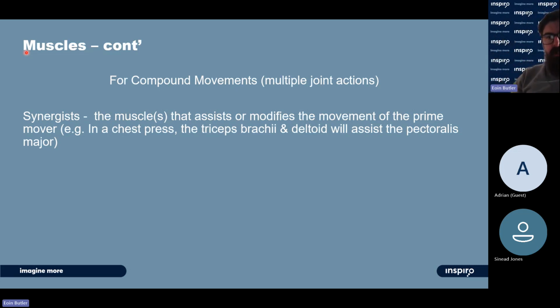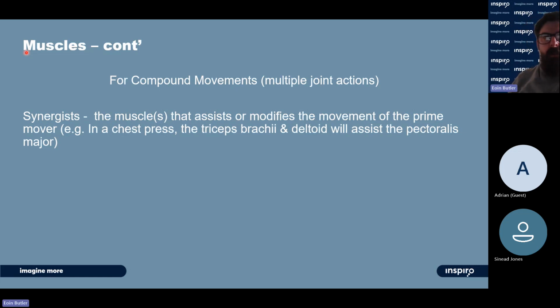So then what would be my antagonist, the opposite to the prime mover? If my prime mover is my latissimus dorsi, would it be your delts? Good, yes, deltoids. So my deltoids are going to relax to allow my latissimus dorsi to contract. When we're talking about antagonists, we only look at the opposite to the agonist.